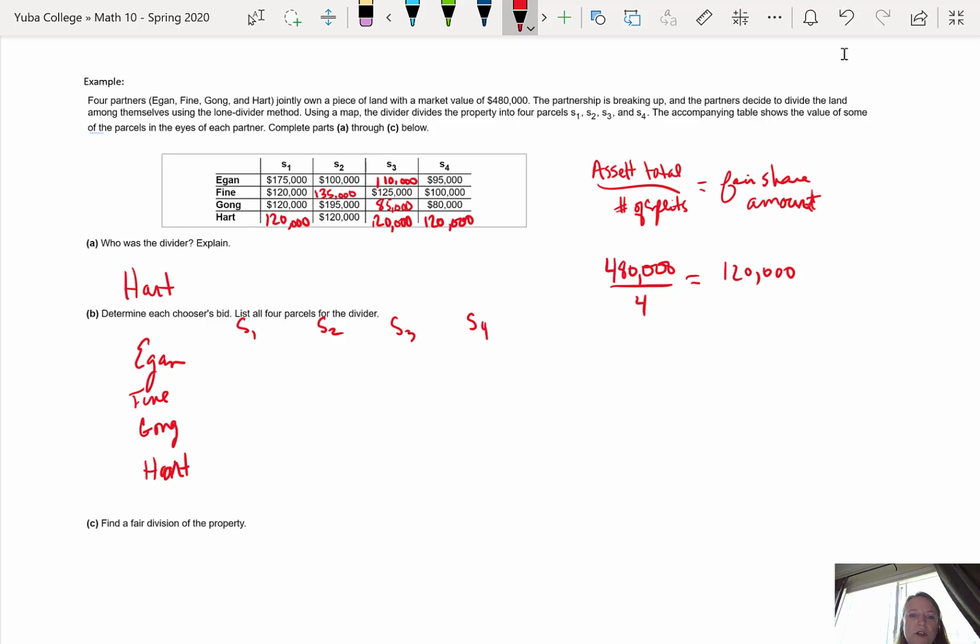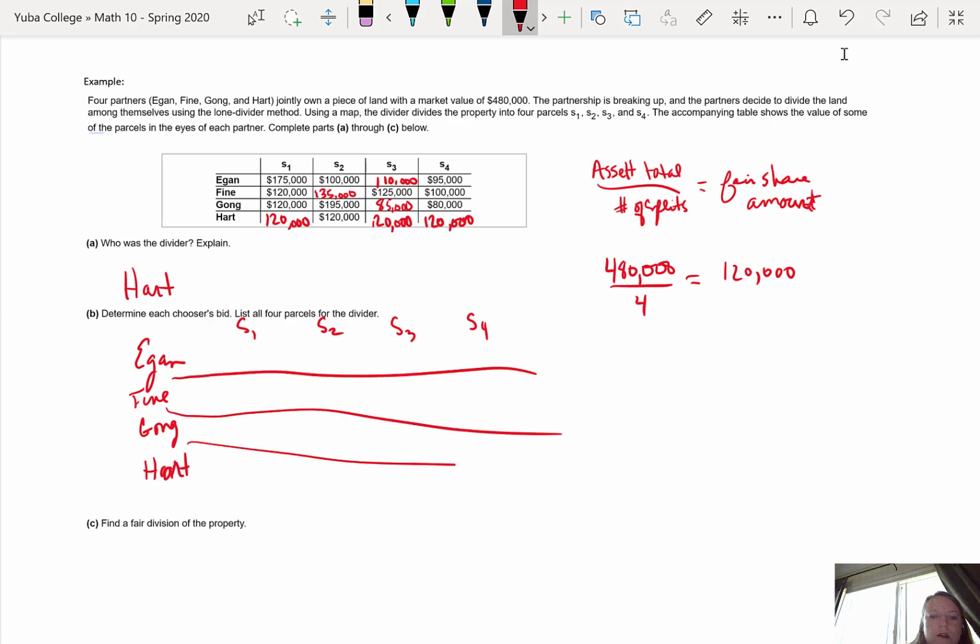Egan, anything that's 120,000 or above he believes is a fair share. So Egan believes S of 1 is a fair share because that's above 120,000. S of 2, no. S of 3, no. S of 4, no. Fine, 120,000 and above, so that would be S of 1, S of 2, S of 3.